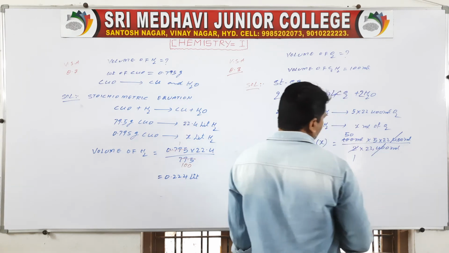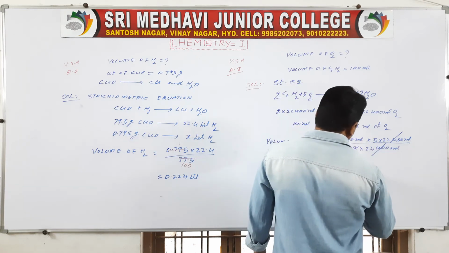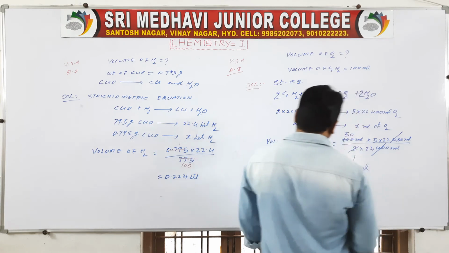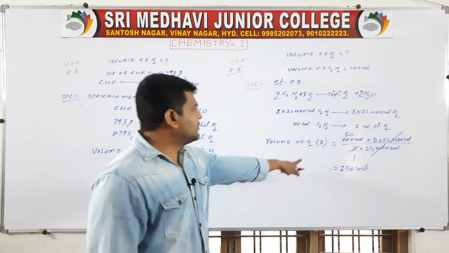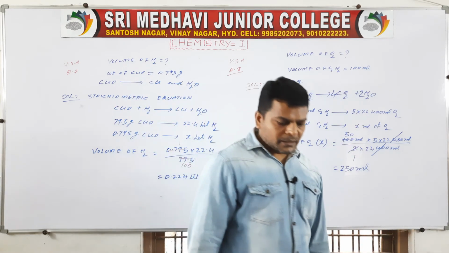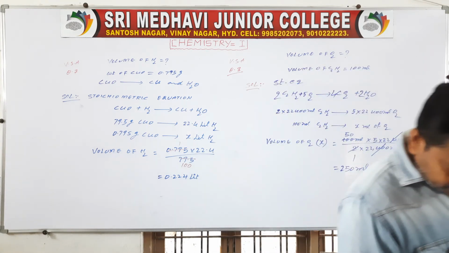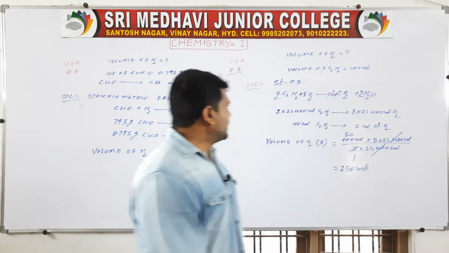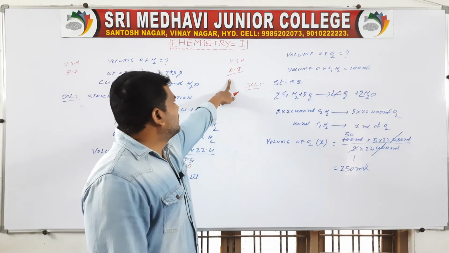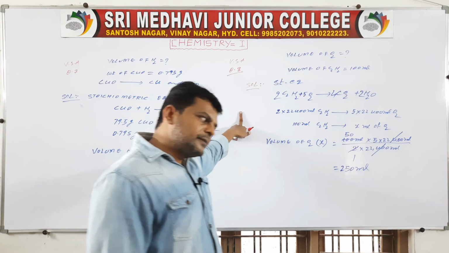So 50 into 5 is 250 milliliters. The volume of O2 is 250 milliliters. Then it is VSAQ question number 8.